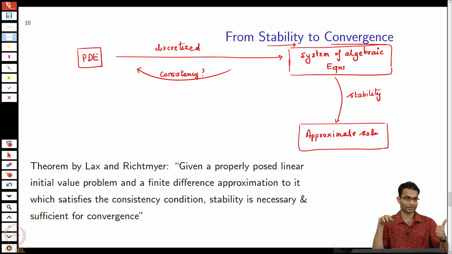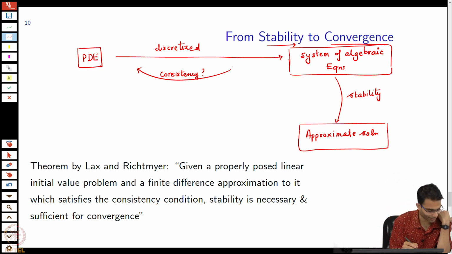So, from these three square boxes, is there something that is still missing? I have the PDEs, I have a system of equations, and I have an approximate solution. What other thing can you think of? The hint is that I have drawn three boxes: the actual solution, the exact solution.